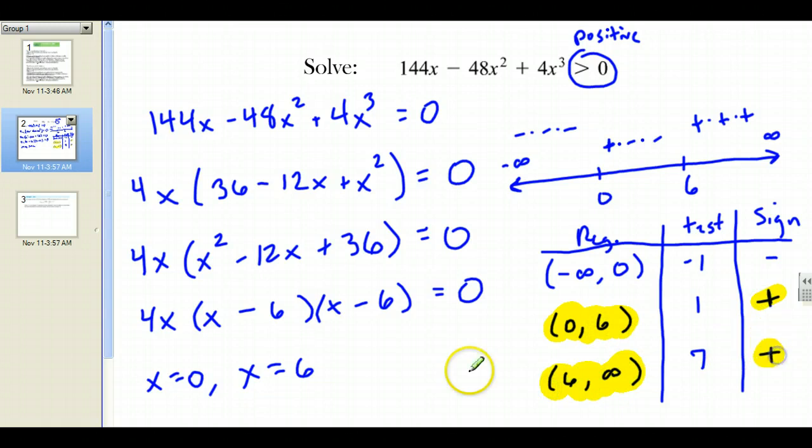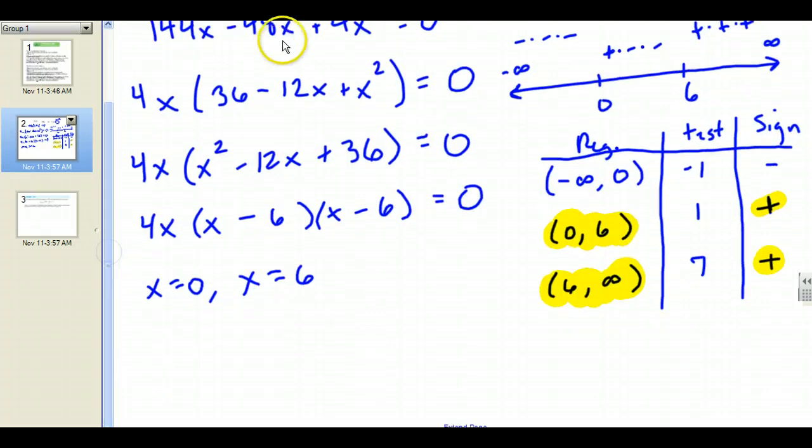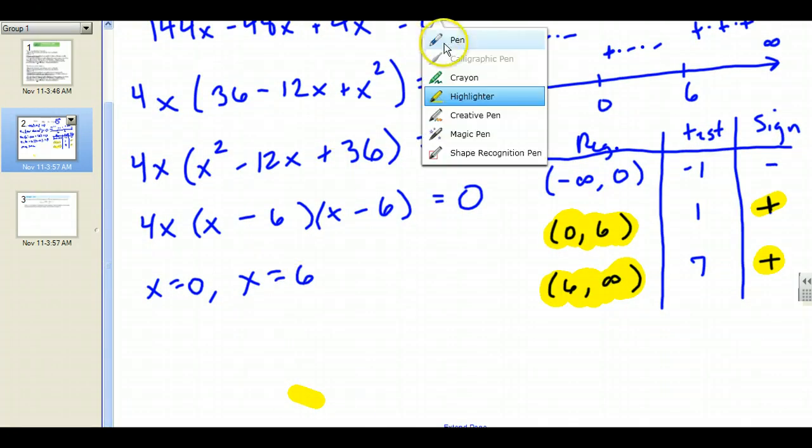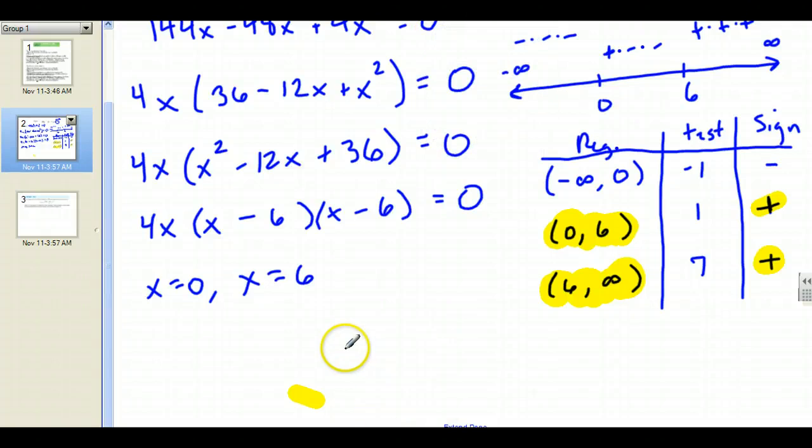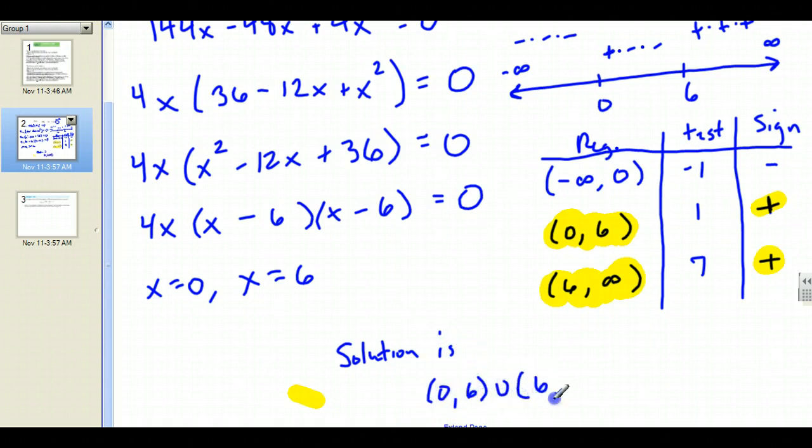And there's a positive, so there's another part of our solution. And so our overall solution is 0 to 6, union 6 to infinity.